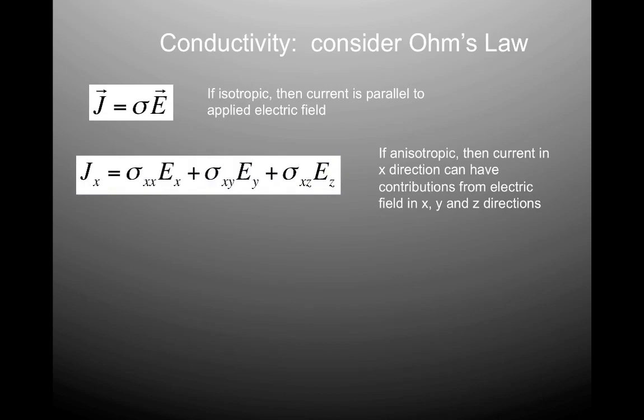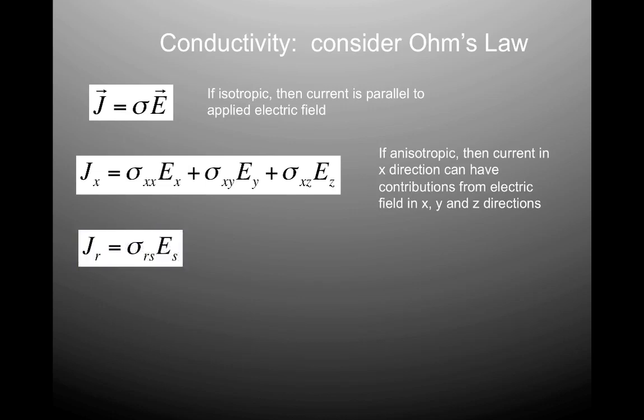So we can write a composite effect here in which the current flowing along the x direction has a contribution from the electric field in the x direction, and a contribution from the electric field in the y direction, and from the z direction. The constant of proportionality is indicated in front. We have 3 components there mapping the field direction to the common current direction.